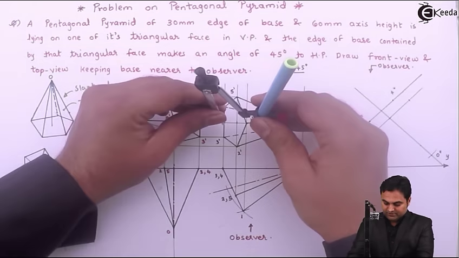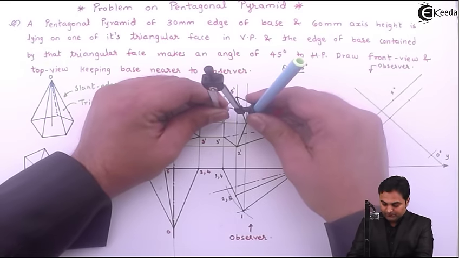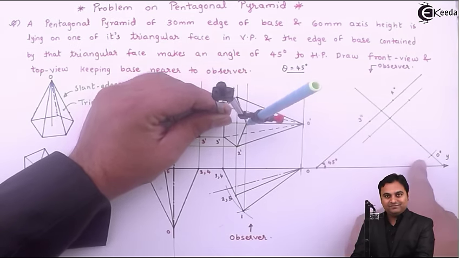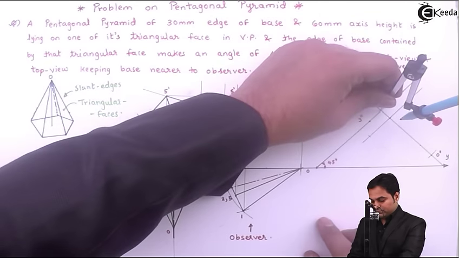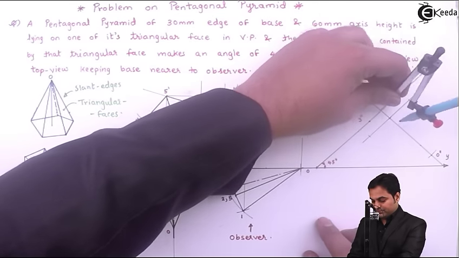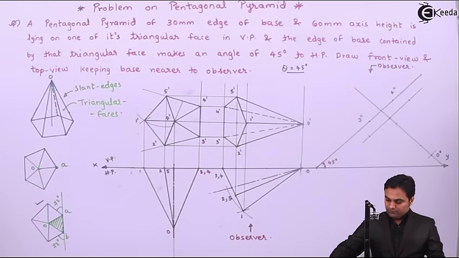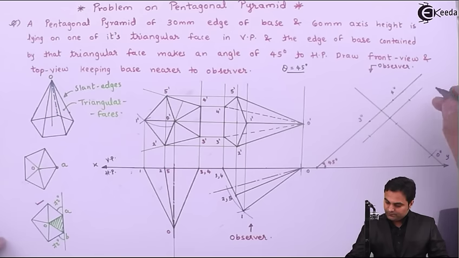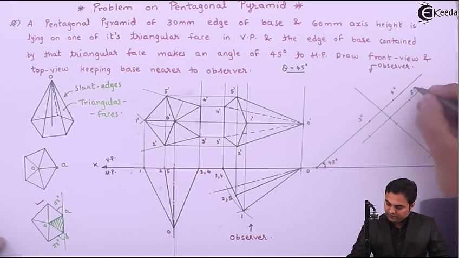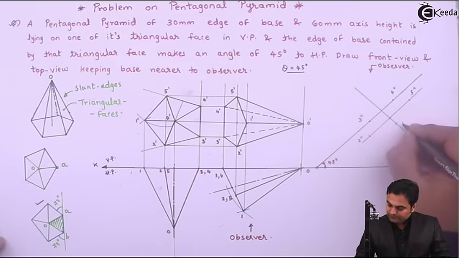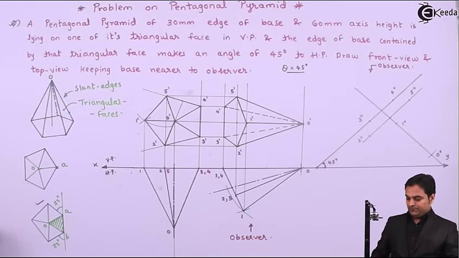Next I'll measure the distance from edge 3 to 4 up to 1 dash, and it is lying on this same line like here. So from this edge, which is 3 dash 4 dash, up till here. So I'll name the points. This is 5 double dash, 2 double dash, and here we have 1 double dash.